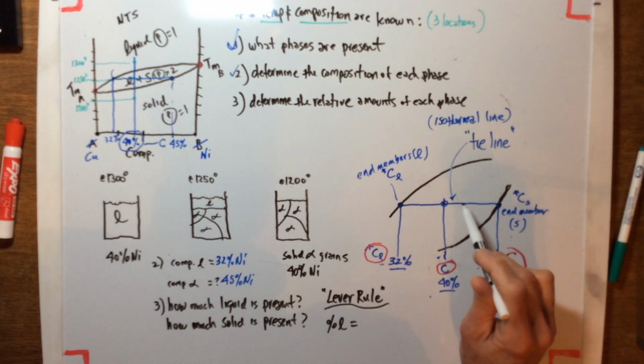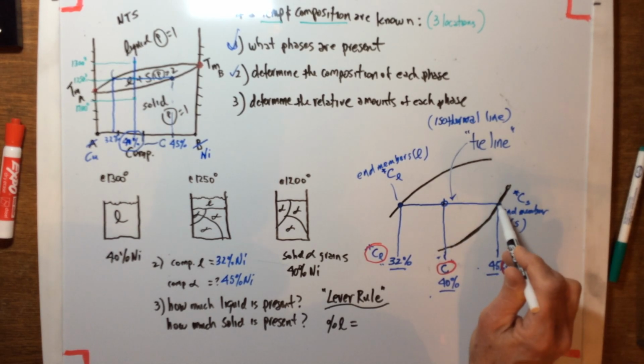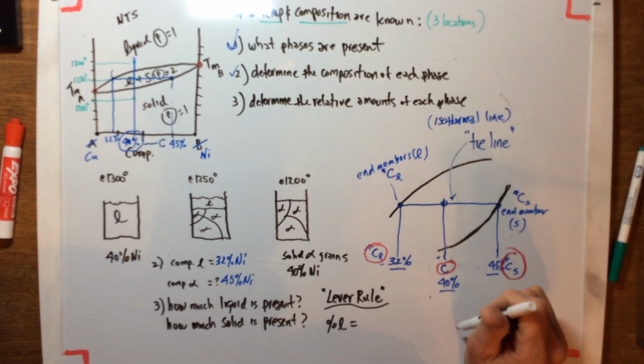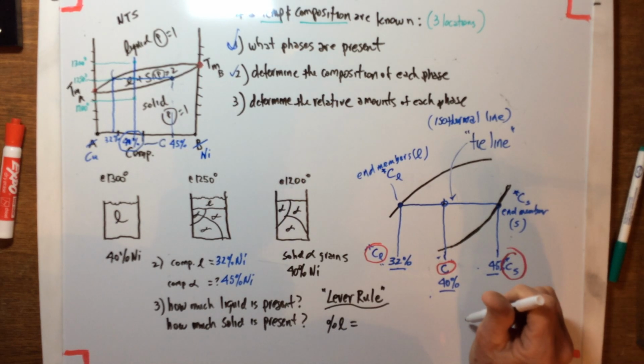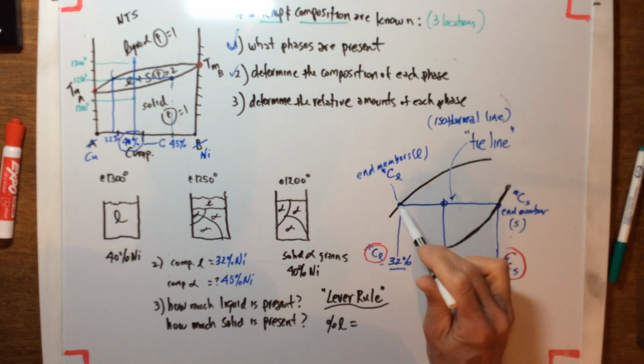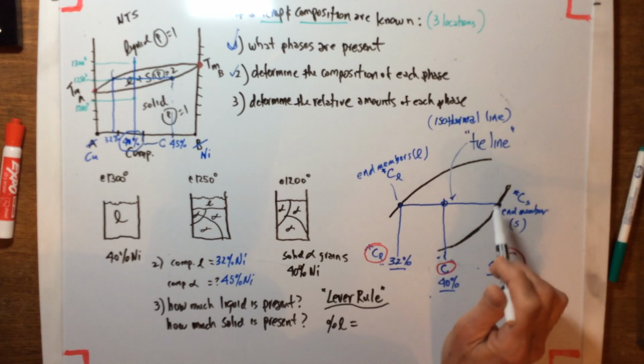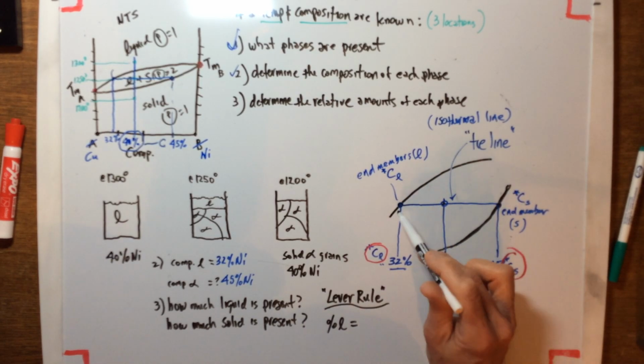So in the numerator, it's just a little division here. So we're going to take this value, subtract it from this value, and come up with the numerator. Okay, but again, it's always going to be the opposite leg, not to the liquid, even though we're wanting liquidus. And if you go back to when you're trying to do a support reaction, that's what you do, the opposite leg, to find this leg.